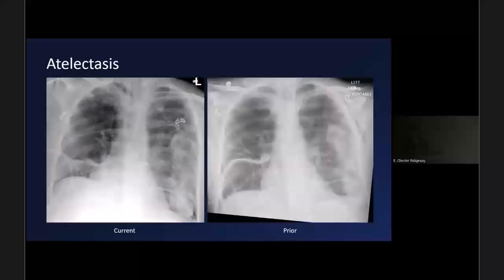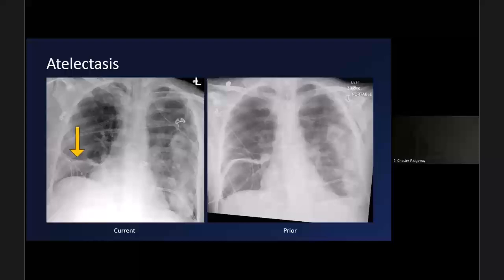All right, this one is a little bit more obvious. This person has right lower lobe atelectasis. So you can see on the current study, this linear band of opacities, white stuff, a white line in the lower right lung. And if you look at the prior study, it's actually higher. It's more mid-lung zone. Here's our arrow here.